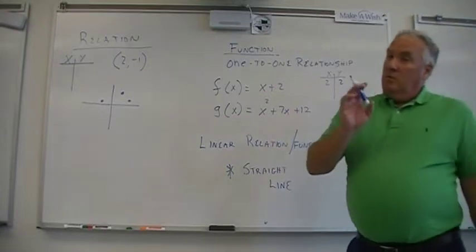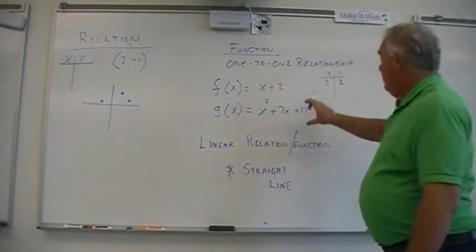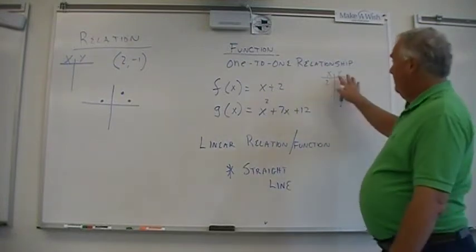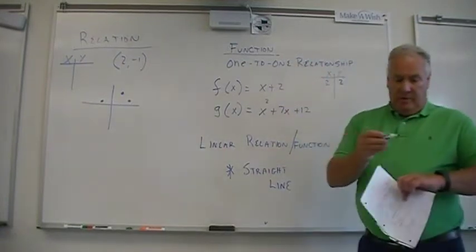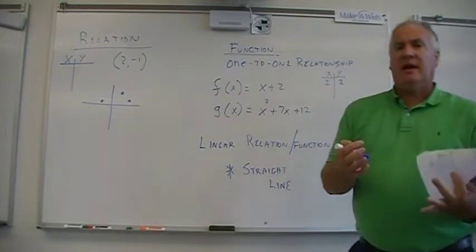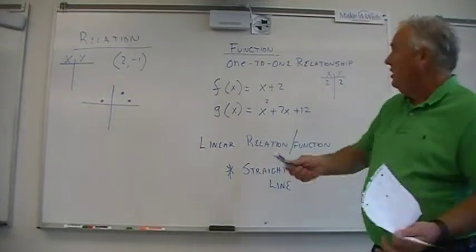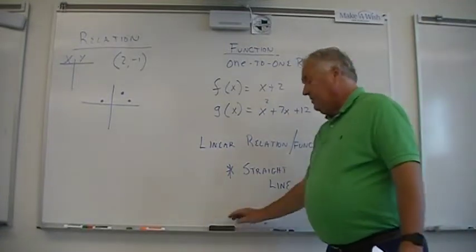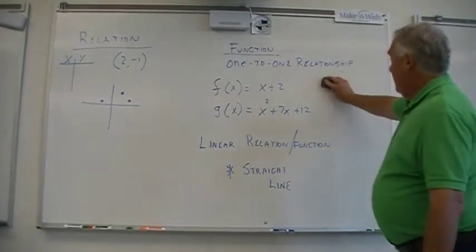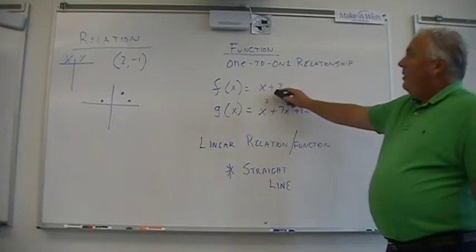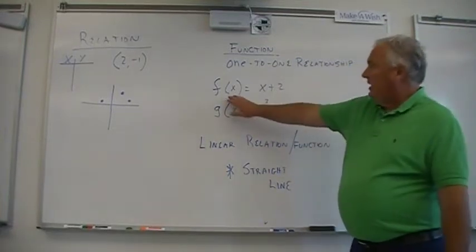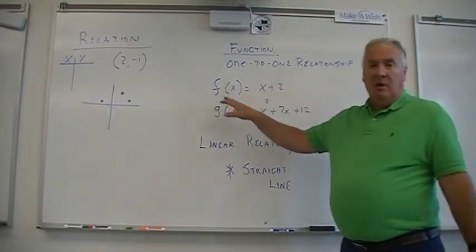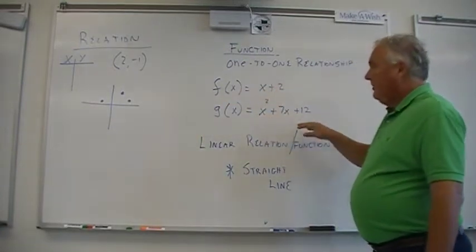Now, you're going to start to see when we get into domain and range shortly, I'm going to explore more about what a one-to-one relationship is, because you need to know more about domain and range. So we're going to talk more about exactly what one-to-one relationships mean soon enough. But what a function looks like is this: f of x, g of x, and it's going to equal x plus 2 or something like this.